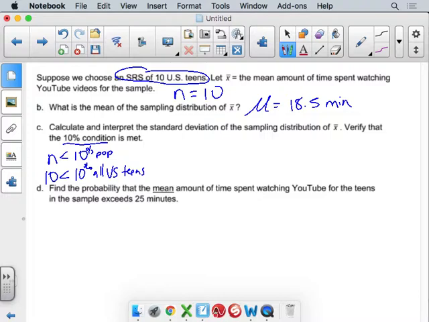I mean, there are more than 100 US teens in this school, so yes, we're fine. Okay, for the standard deviation, let me write the formula: standard deviation over the square root of n. Plug it in: 5.3 divided by the square root of 10.